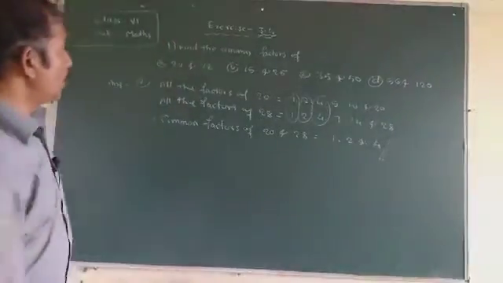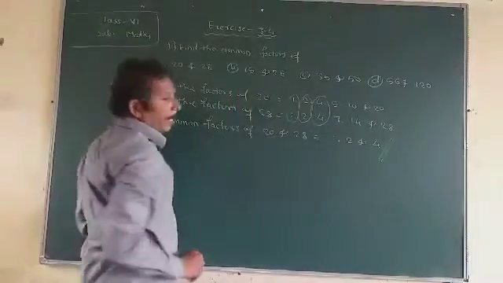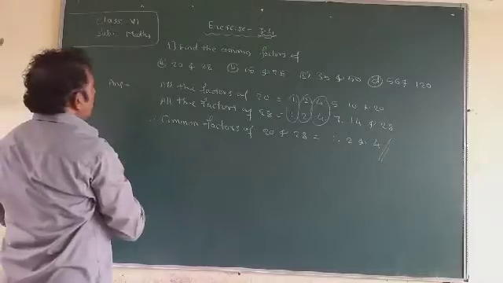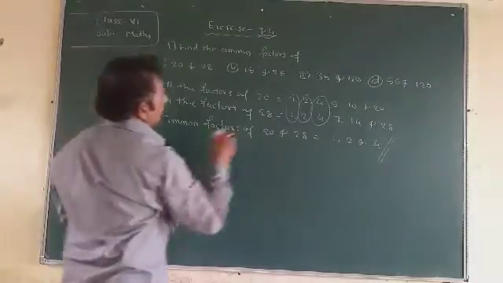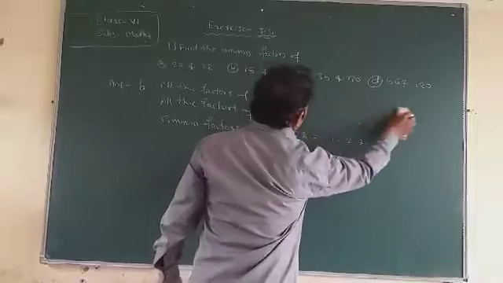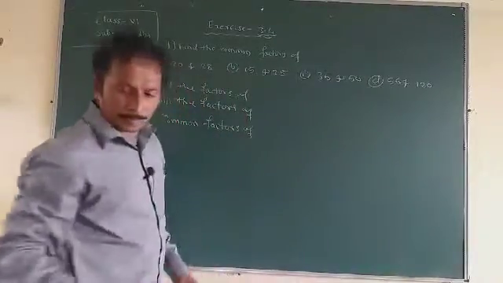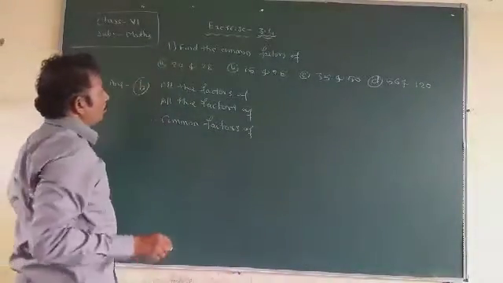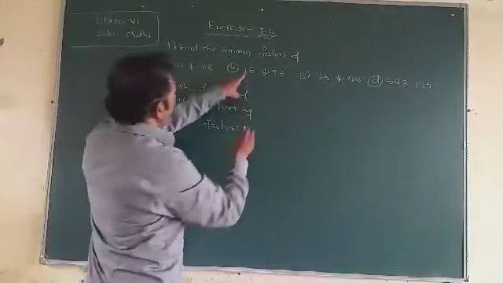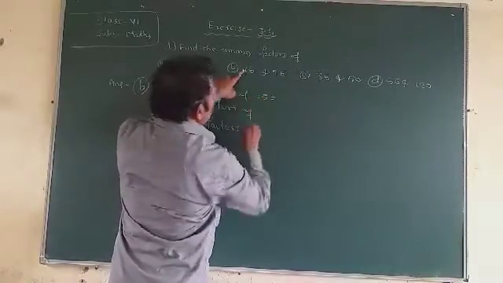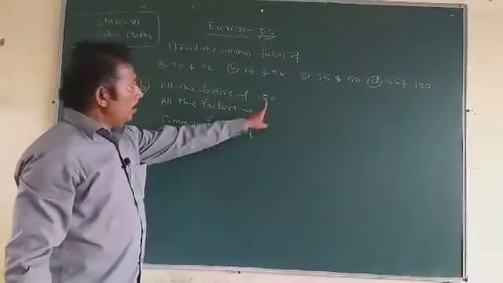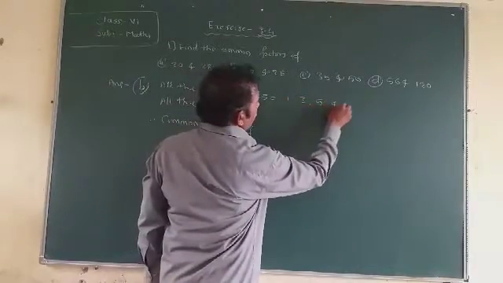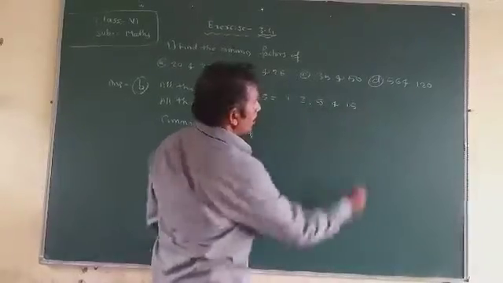Similarly, the next question B, 15 and 25. Answer B. 15 and 25. All the factors of 15 is equals to, we divide 15 by 1, 3, 5 and 15 completely.